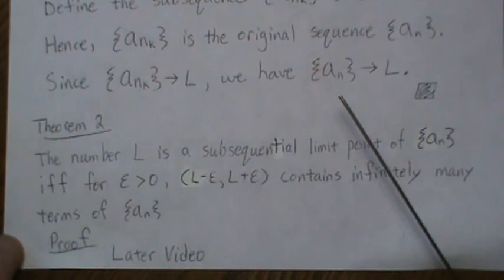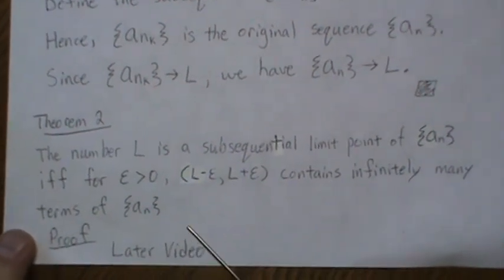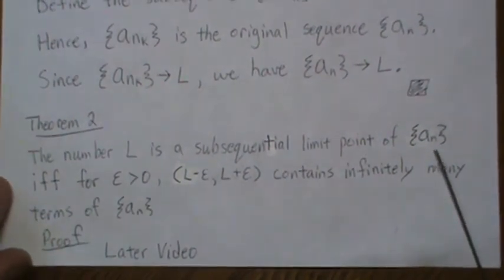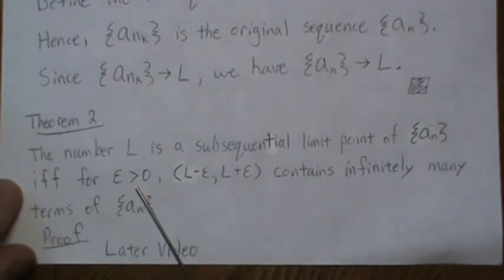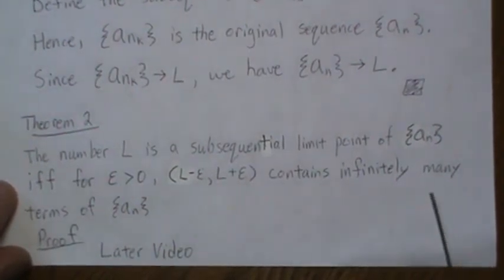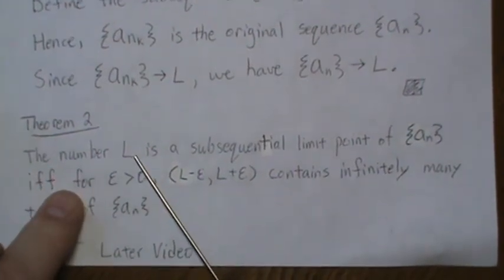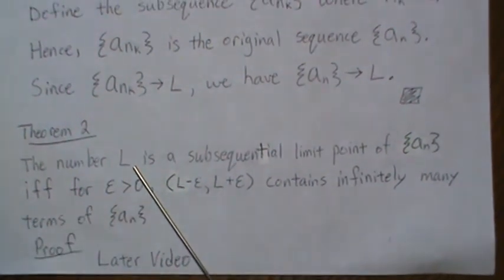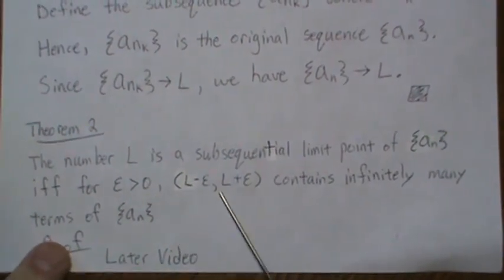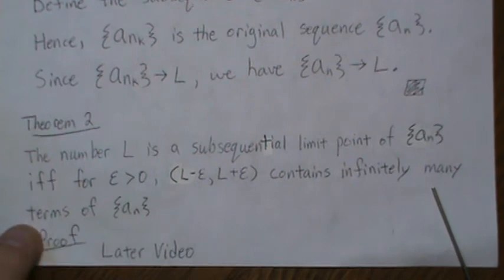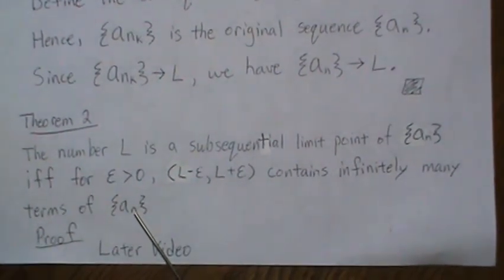Here we're going to look at a theorem that I'll prove in a later video, maybe. The number L is a subsequential limit point of a_n if and only if, for every epsilon greater than 0, this interval contains infinitely many terms of a_n. What that means is that if we have our original sequence 1, 2, 3, 1, 2, 3, and so on, and we let L be the number 1, then the interval from 1 minus epsilon to 1 plus epsilon contains infinitely many terms of our original sequence: 1, 2, 3, 1, 2, 3.